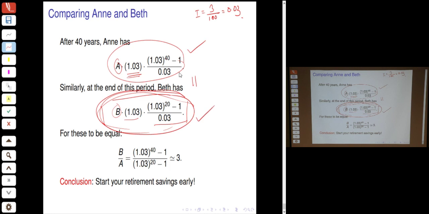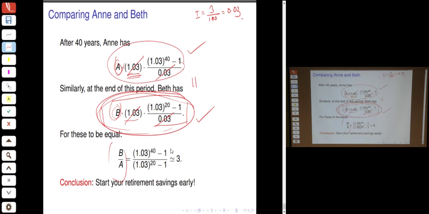If these two amounts have to be equal, then you can cancel the 1.03, you can cancel the 0.03. So all that you have is the ratio of A and B equal to (1.03 to the 40 minus 1) divided by (1.03 to the 20 minus 1).